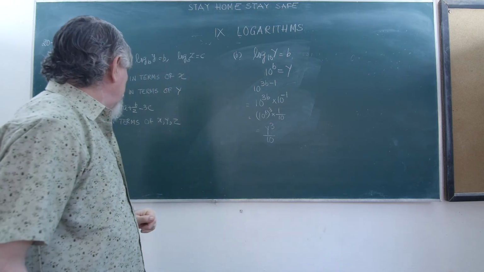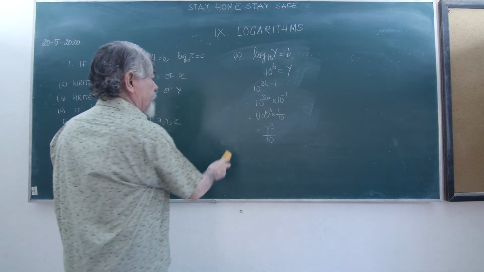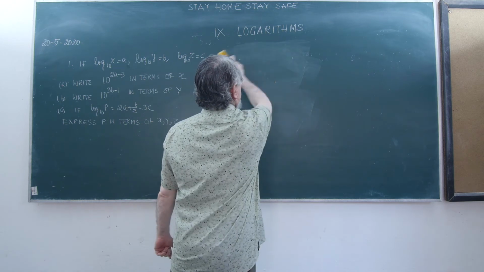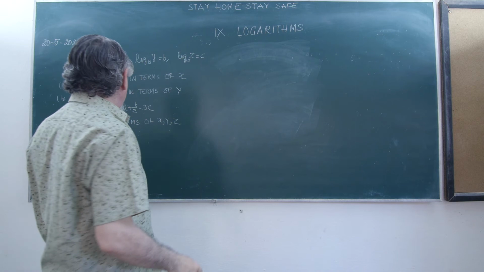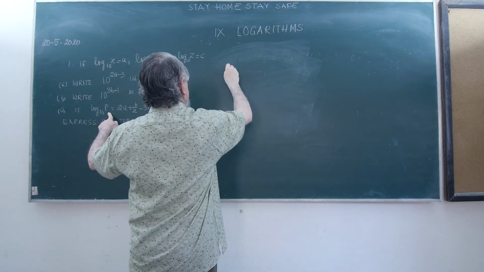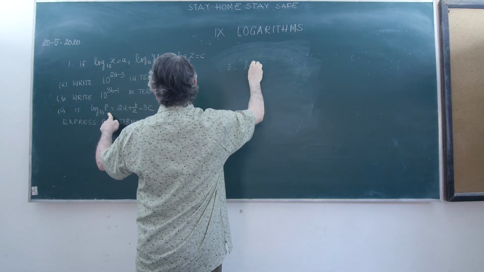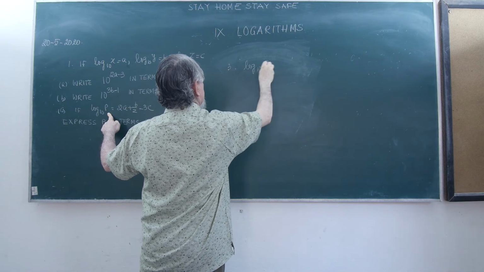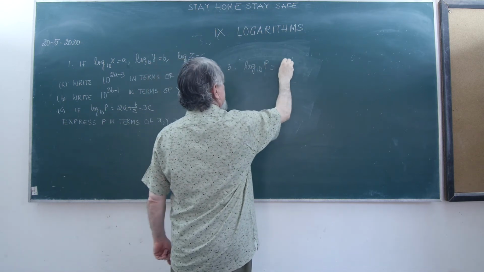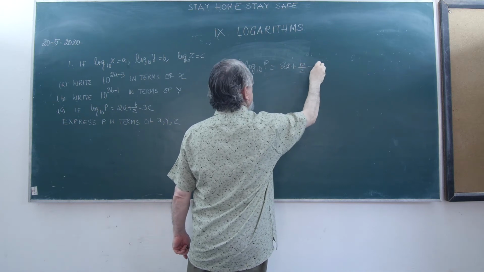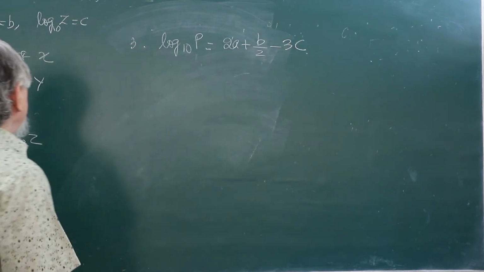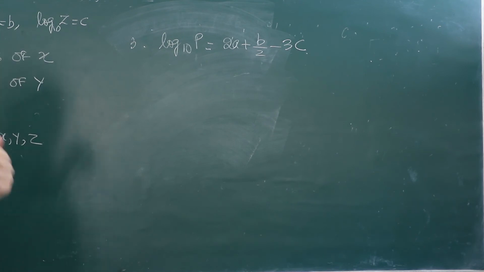Now let's see the third part of the question. In the third part I have, he has given you log p to the base 10 is equal to 2a plus b upon 2 minus 3c. He wants you to express p in terms of x, y and z.